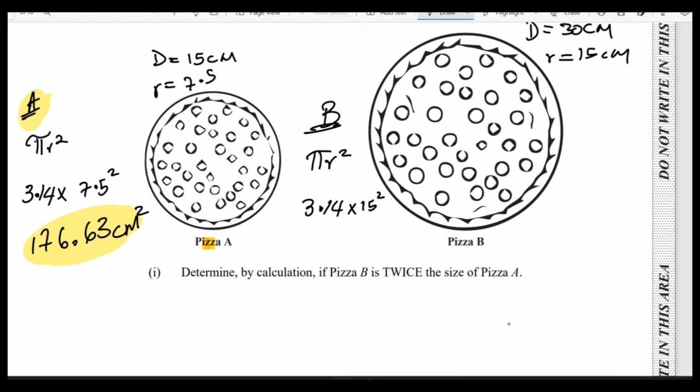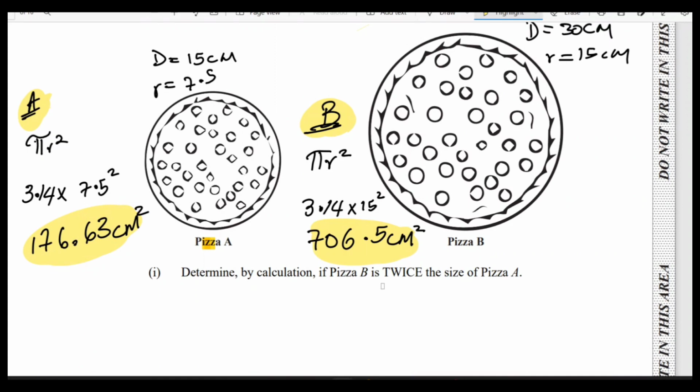So we're talking about 3.14 times 15 squared. And we have 706.5 cm squared. So the area of pizza B is 706.5.